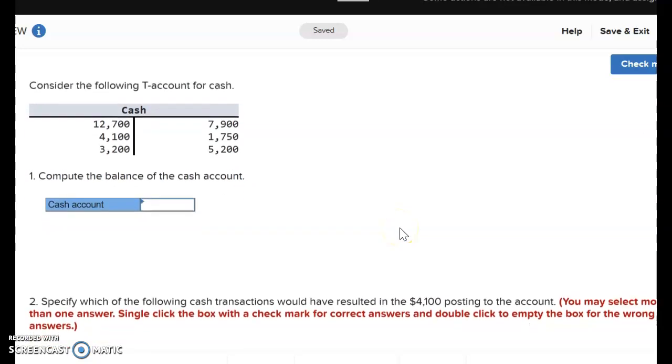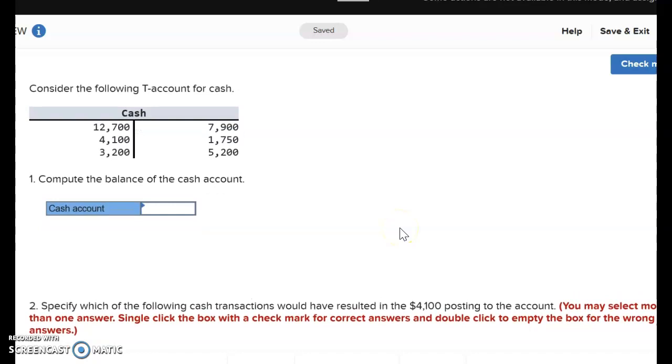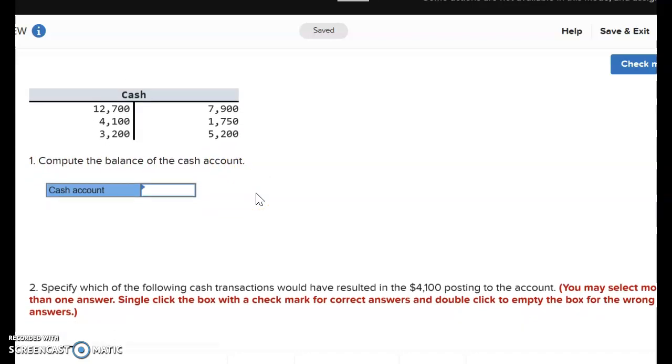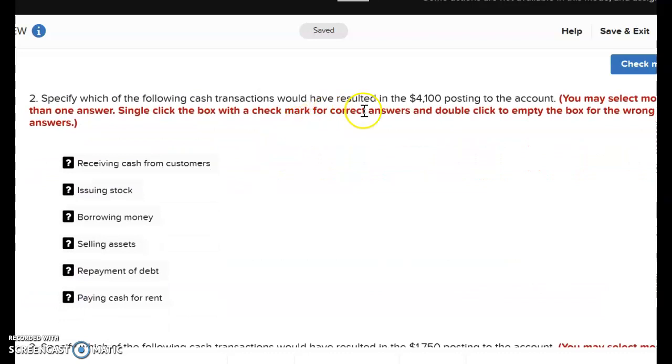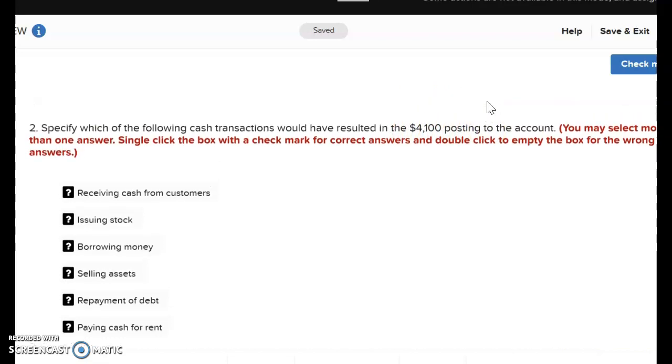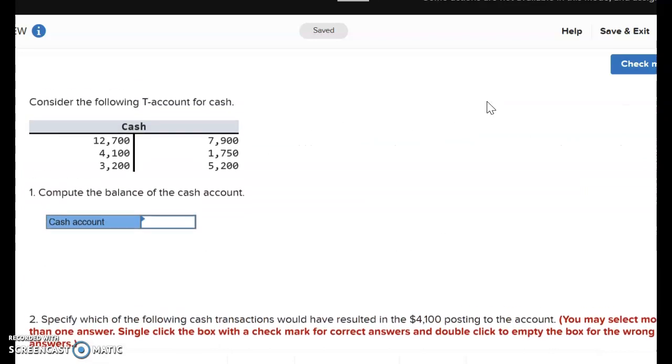All right, here is a cash T account. First, you need to compute the balance of the cash T account. And then specify which of the following transactions would have resulted in the $4,100 posting to the account. And there could be more than one answer. So the $4,100 posting to the account is this debit.